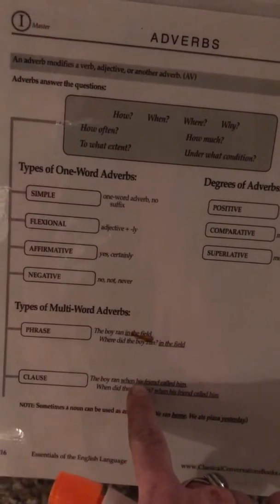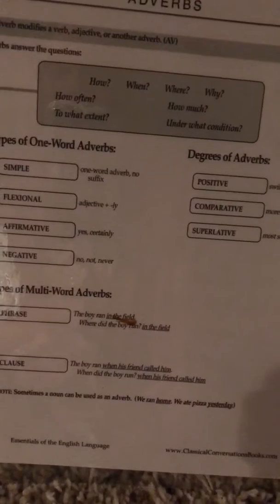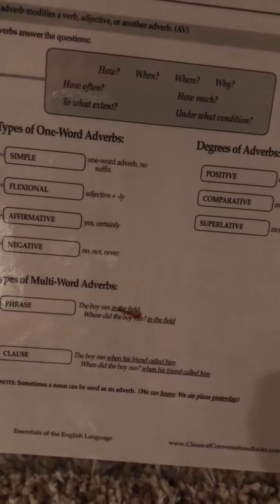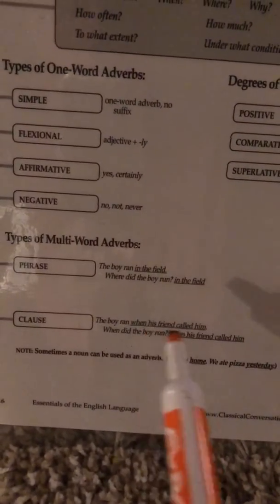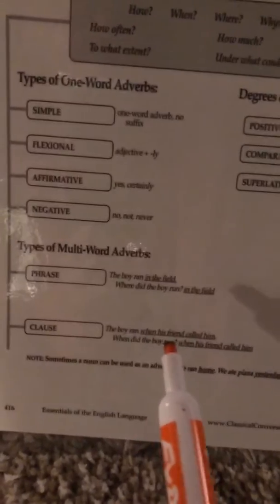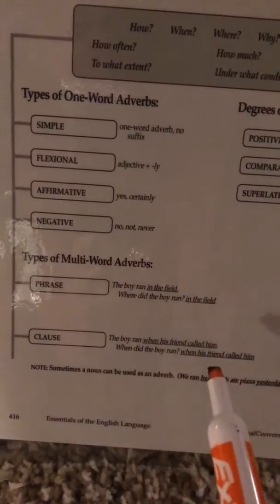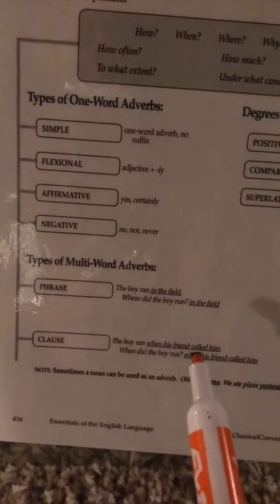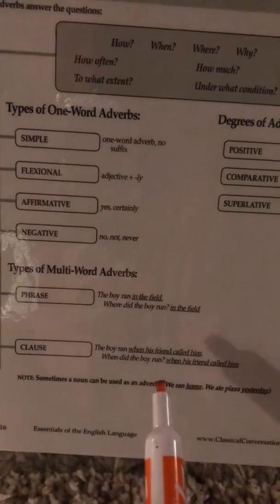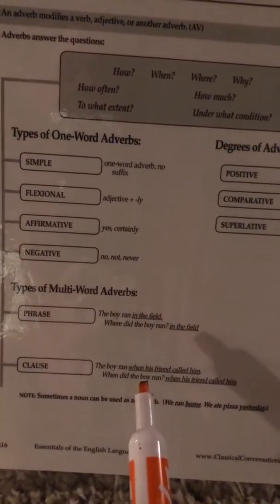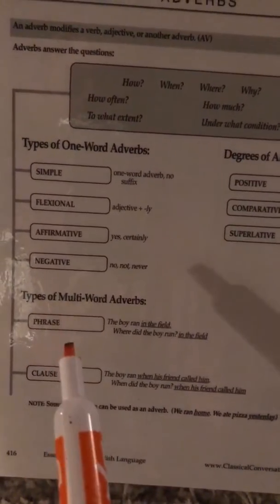So here, this is our subordinating conjunctions, right? The when, while, where, as, since, if, although, whereas, unless, because. Those are all of our subordinating conjunctions, and those are adverbial, right? Our who, which clauses are almost always adjectival, but our when, while, where, as, since, if, although, whereas, unless, because are almost always adverbial. Okay, so that's the clause, the phrase.